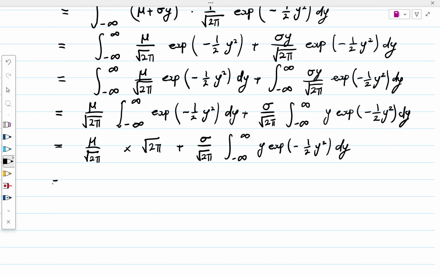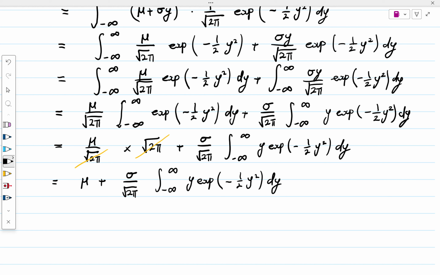And then, of course, if we wanted to simplify the first term, we just know that that's mu plus, of course, because the square root 2 pi and the square root 2 pi cancel. And then I'm still left with the term that I had before, negative infinity to infinity of y exp of negative a half y squared dy.